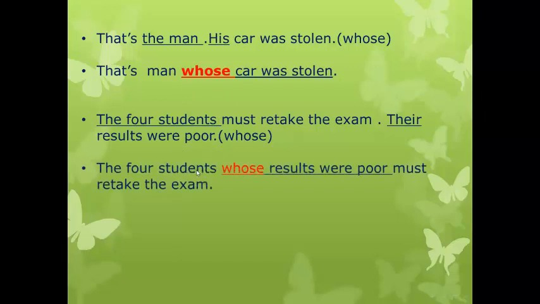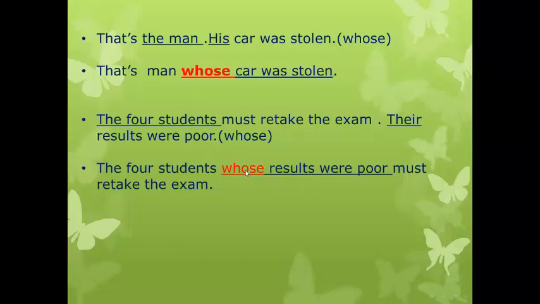The 4 students whose results were poor must retake the exam. Here we put the relative clause that describes the noun directly after the noun. Have you noticed the difference here?